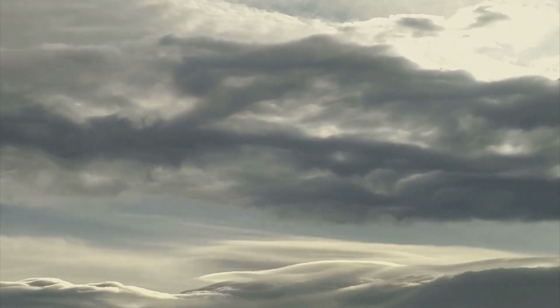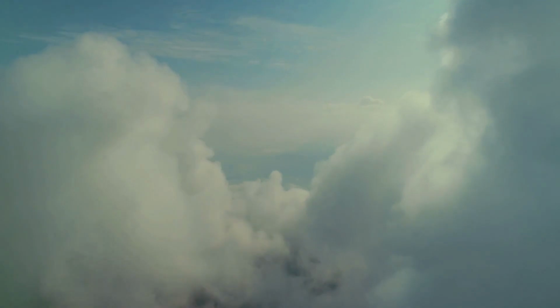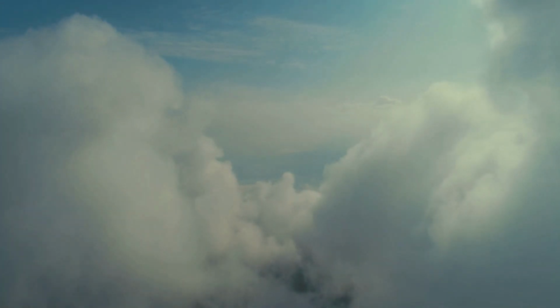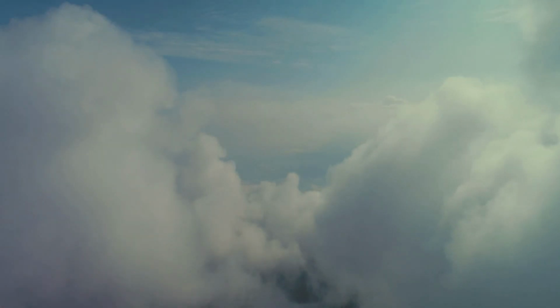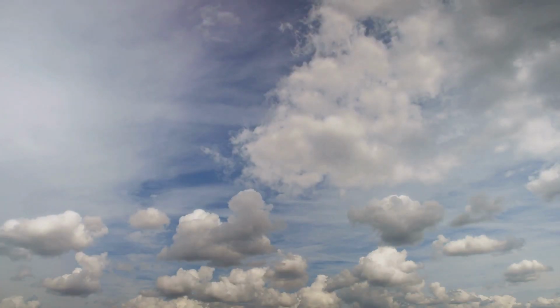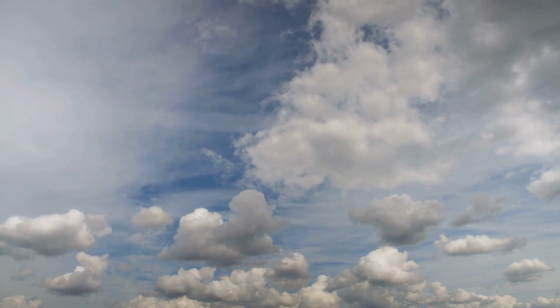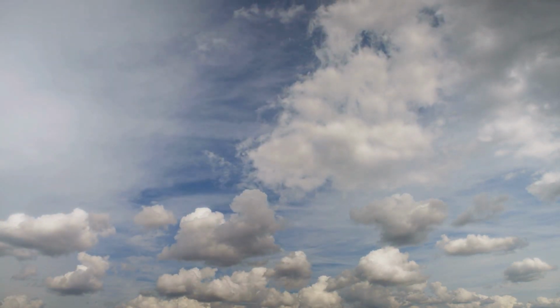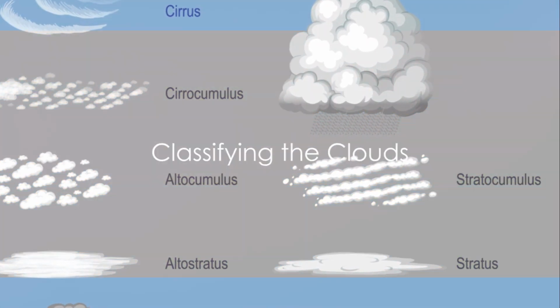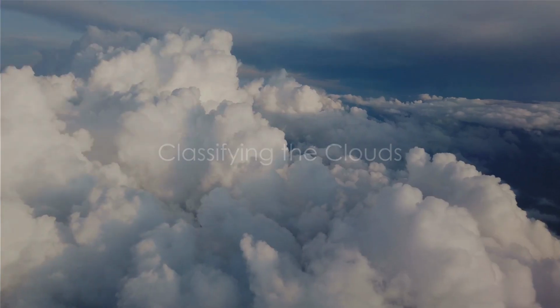And then there are frontal systems, where warm and cool air collide and often create a wide array of cloud types. So those vast and varied clouds we see are the result of a complex dance between air, water, and temperature.